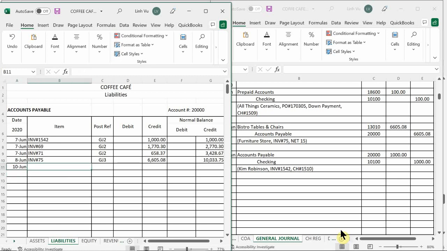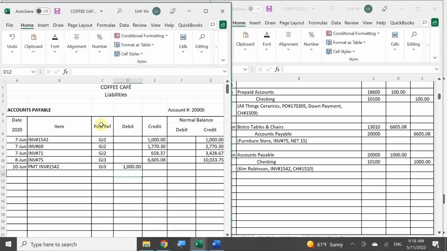And I'm going to go ahead and say payment for invoice number 1542. And I'm going to reduce this account by $1,000.